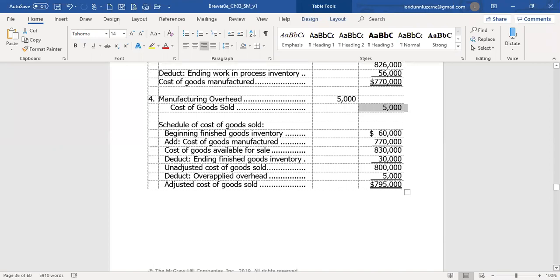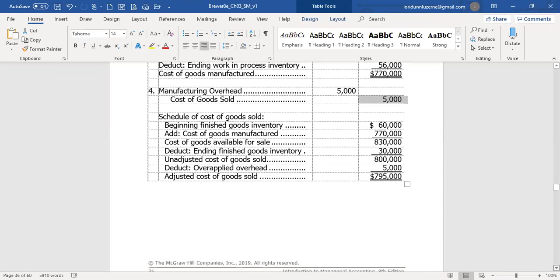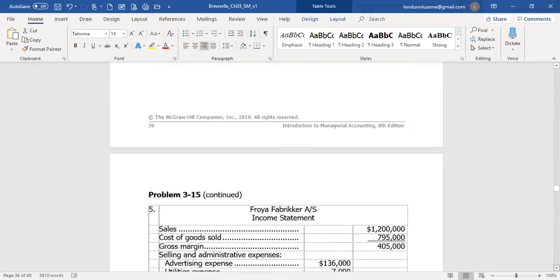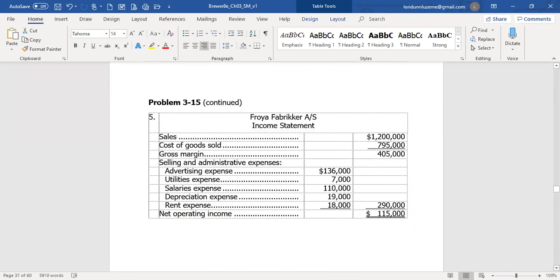The final item is to create an income statement. So now this brings us back to our GAAP, Accounting 101. We start with sales, $1,200,000. Next, subtract the expense cost of goods sold. Its adjusted amount of $795,000.